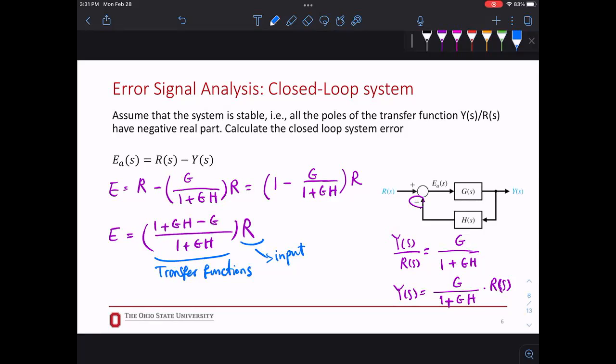So the gain of H of s is 1. So now if that is 1, look at that relationship. It would only depend on G, the transfer function of your system and the controller you have, and the input.